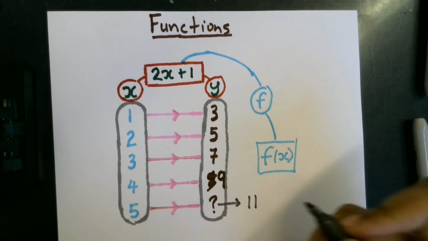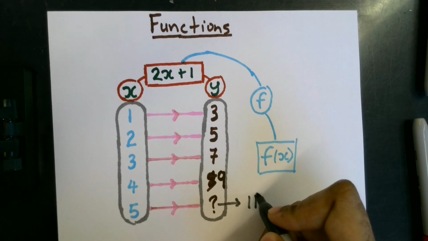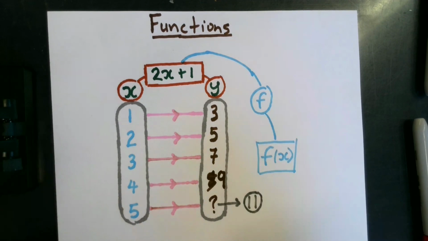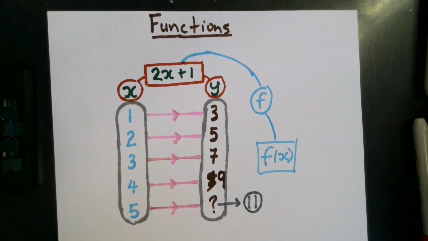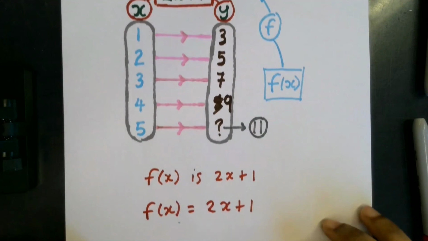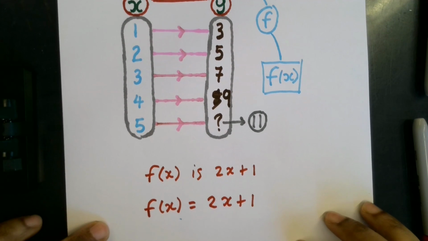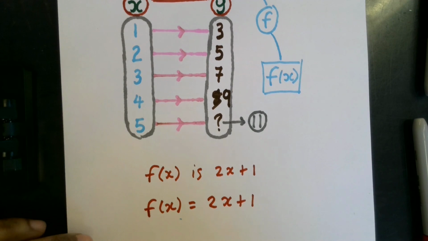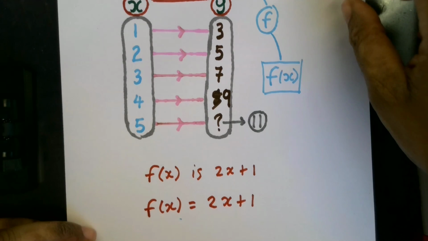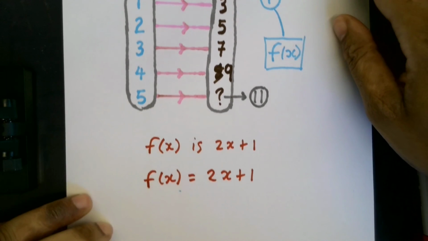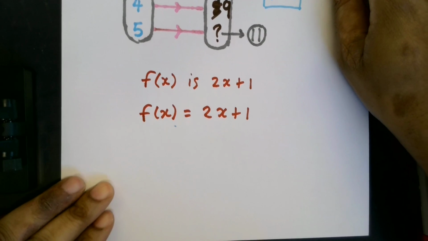All right? So 11 is the number. All right? Now you can actually use our function f of x is equal to 2x plus 1 to get the same value. All right? So let me show you. All right.